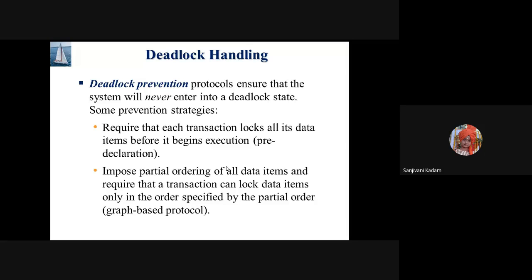It means that there will not be any waiting of a transaction for any item. So this condition will not be there, and hence this skips circular wait. As there will not be any waiting, there will not be any circular waiting, and hence the system will not enter a deadlock state.